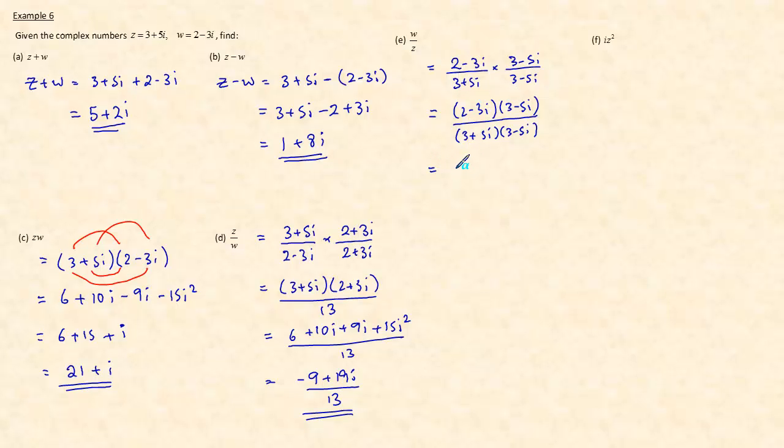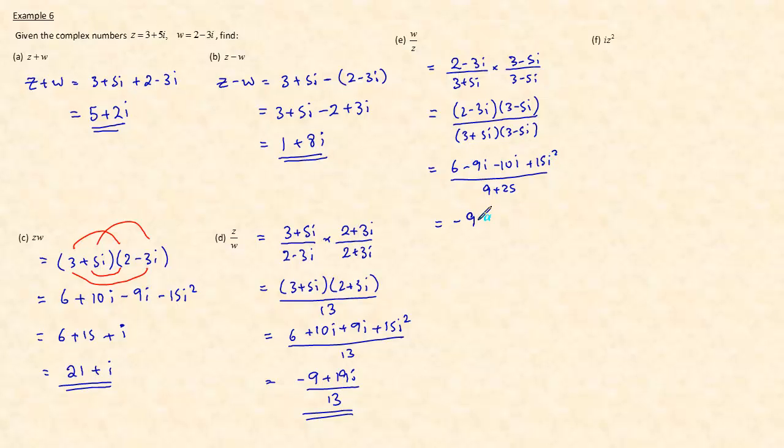So that's going to give us 6 minus 9i minus 10i plus 15i squared. And on the bottom, difference of two squares, I'm just going to get 9 plus 25. So i squared is negative 1, so that's 6 take away 15.